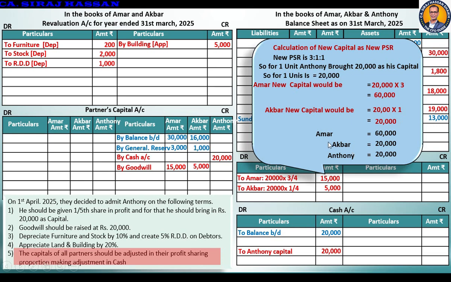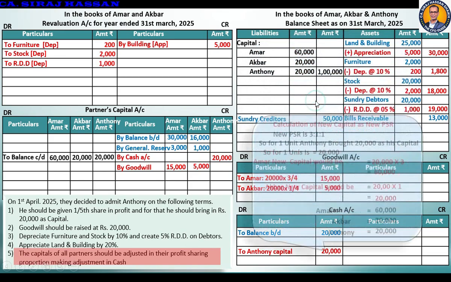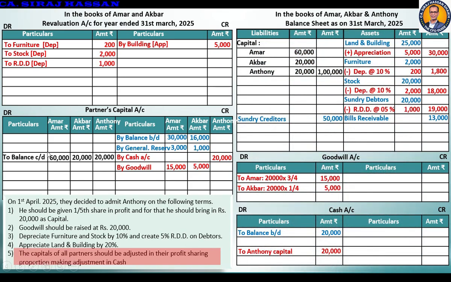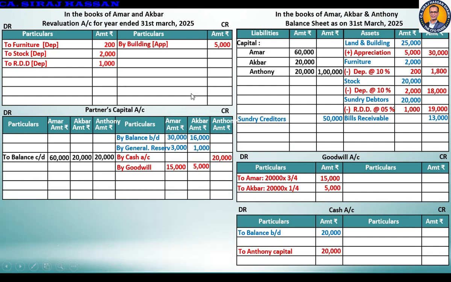So the new capitals will be 60,000, 20,000 and 20,000. So in the partners' capital account, we write balance carried down 60,000, 20,000, 20,000. So we wrote all the 60, 20, 20 here in the capital head. In the outer column we wrote 1 lakh rupees. So adjustments over.